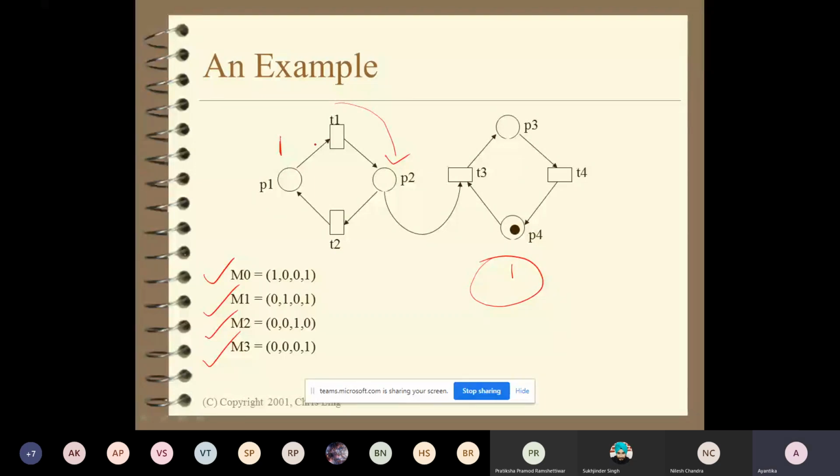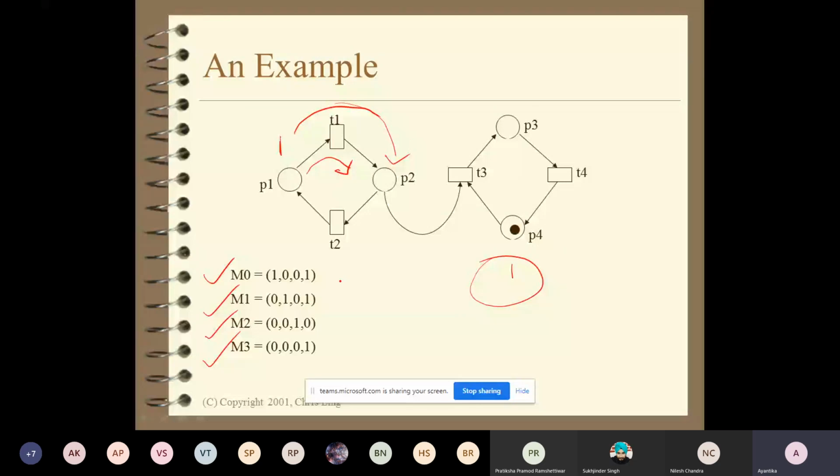That means possibly you have considered this T1 event. Based on this, this transition has taken place and your token has moved from P1 to P2, right? So that is your M1 state, right?